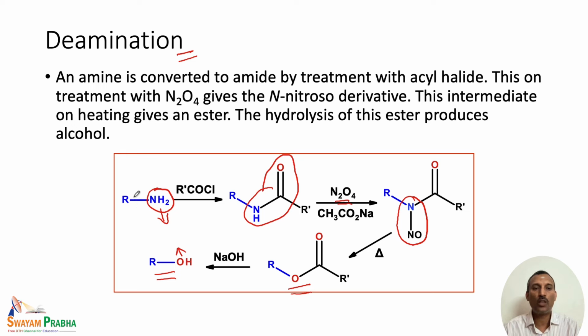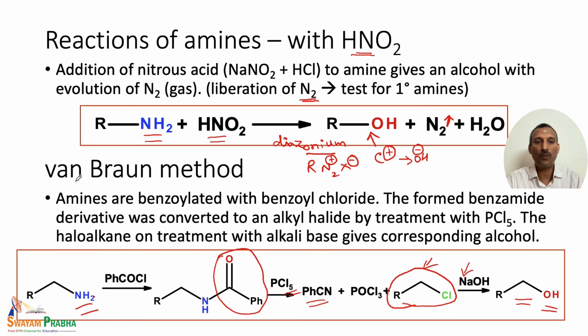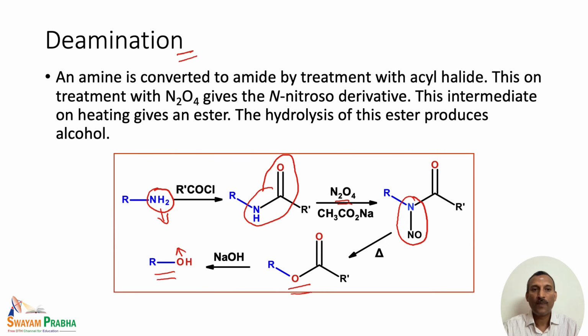If we look at the overall reaction, an amino group is converted to an alcohol unit. The previous reaction we saw is an example similar to this one. In the von Braun method also deamination takes place. The amino group is replaced by the corresponding hydroxy unit, and reaction with N2O4 also is another example of converting a primary amino compound to an intermediate.